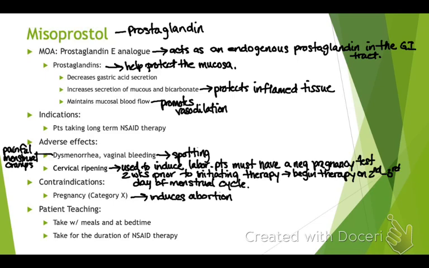So if we're taking them and they're not pregnant, we need to make sure that that pregnancy test is negative 2 weeks prior to actually initiating therapy, and then begin therapy on the second and third day of the menstrual cycle, which will then help also to cause cervical ripening.